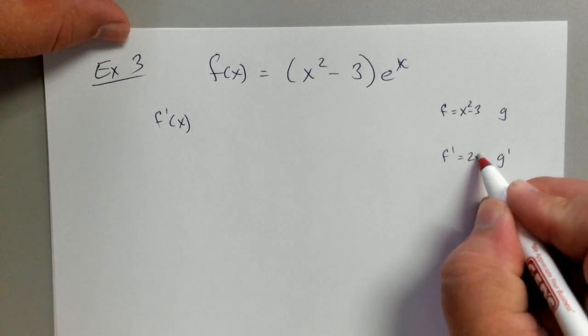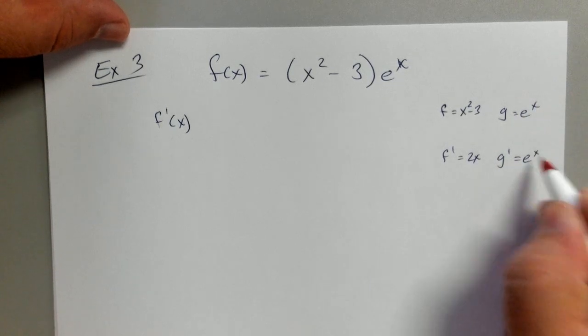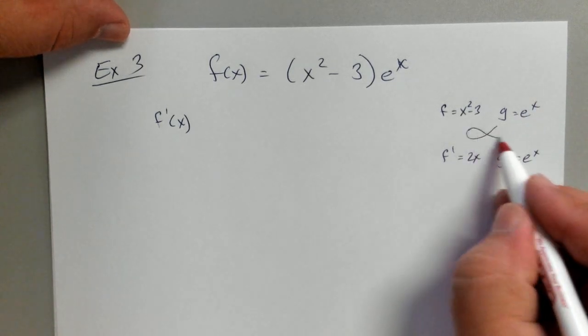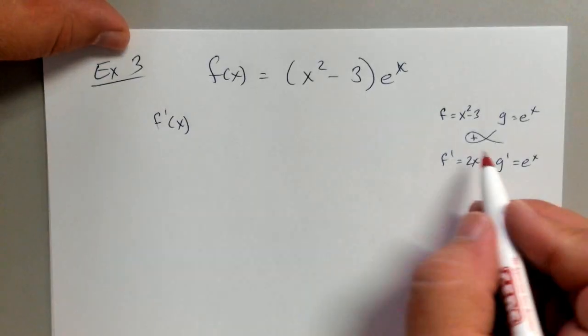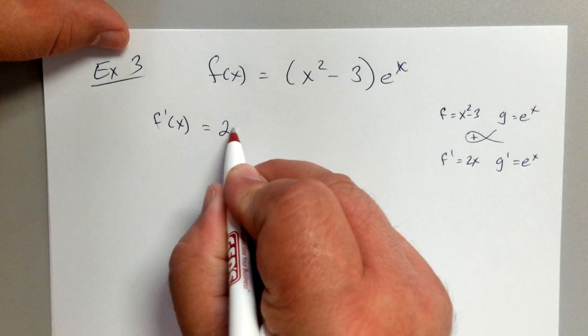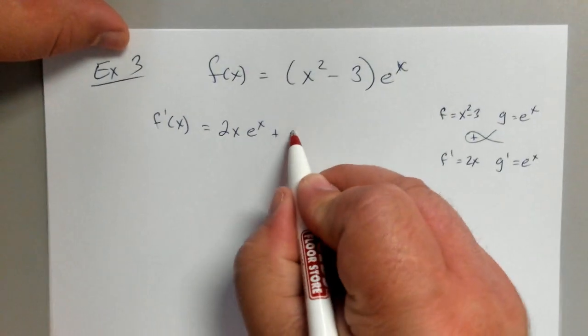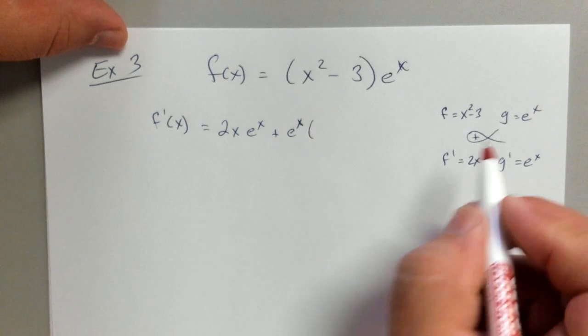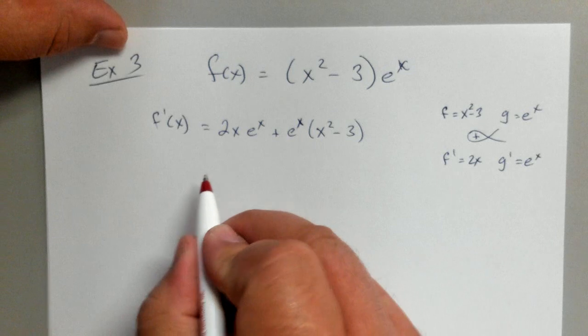The derivative is 2x. We get e to the power x times 2x plus e to the power x times x squared minus 3.